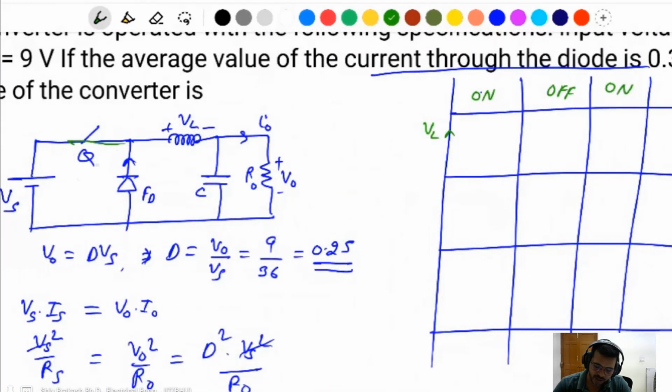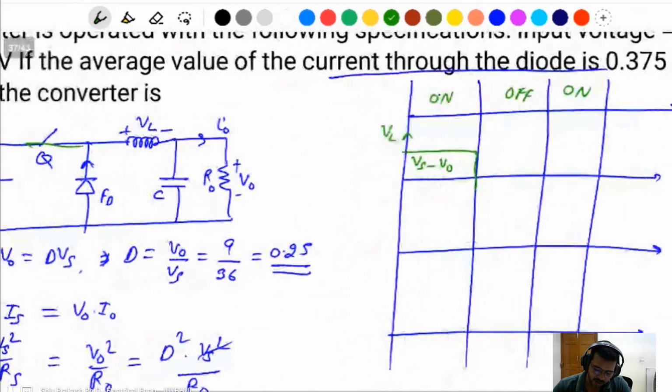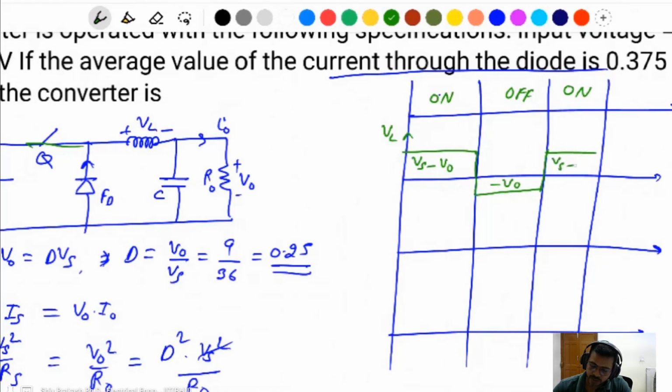For the KVL you can see here, this will be Vs minus V naught. When the switch is off, all of the current flows through the diode, and the inductor voltage will be minus V naught, the output voltage.